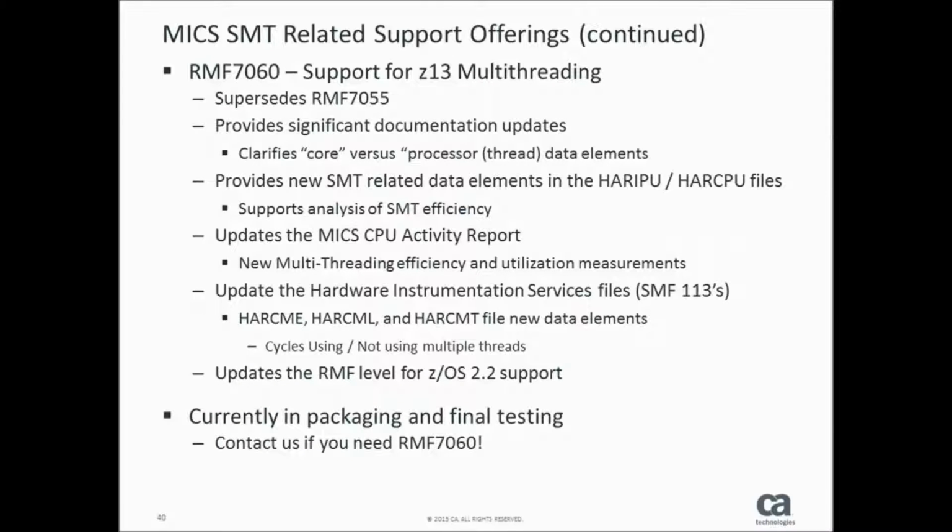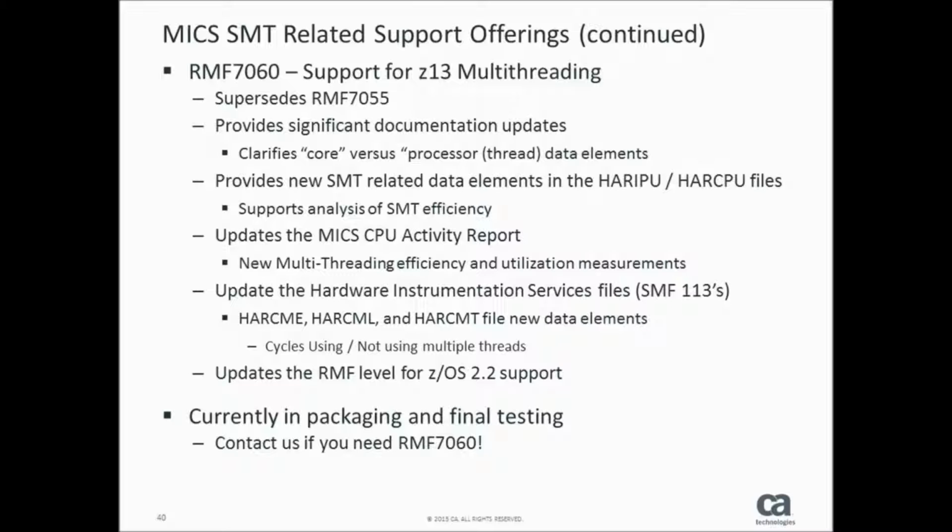With MXG 33.60, which we have working here, but we're in the process of packaging and working on the documentation, it will supersede MXG 33.55. You could go directly to MXG 33.60 and skip 55. Enormous documentation updates. We provide all those SMT-related fields. We update our CPU activity report. We also add a multi-threading enhancement to the HAR, CME, CML, and CMT files.